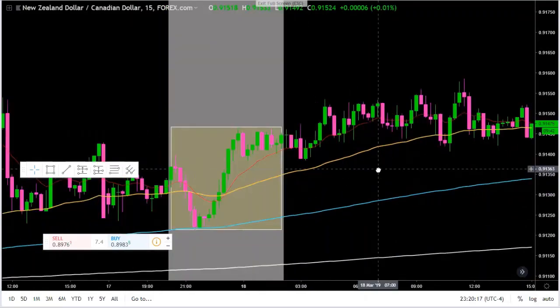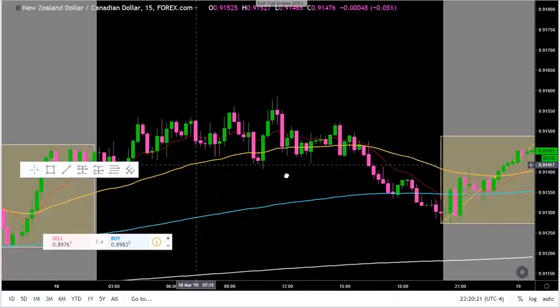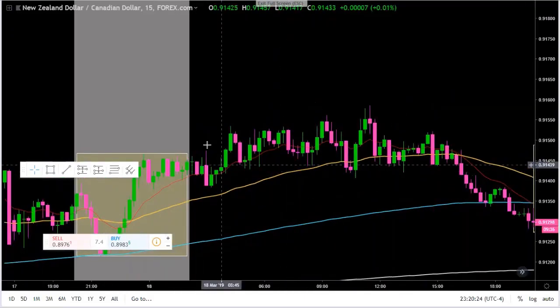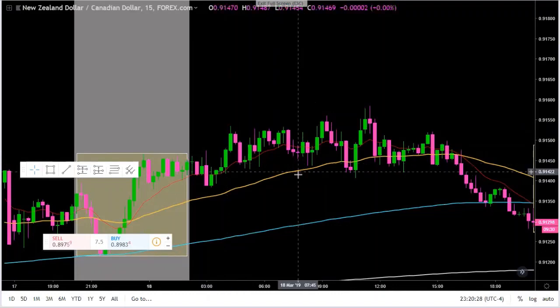Here is an example of where I may not have gotten into the trade because it's just really chopping around up here back and forth. It doesn't really make a higher high. It doesn't really make a lower low. It doesn't really go anywhere.